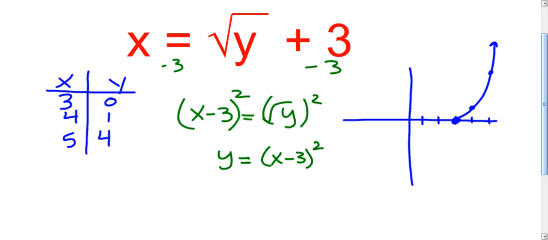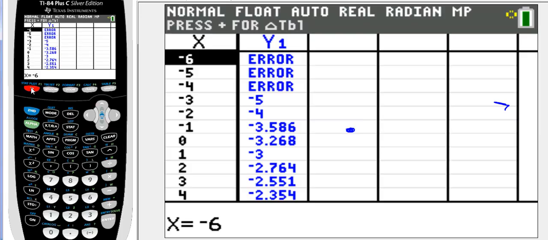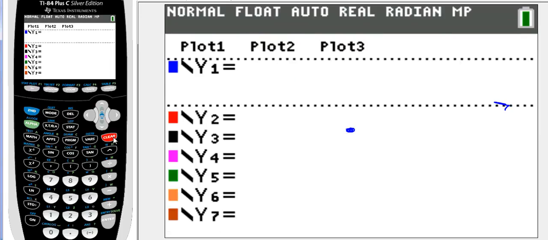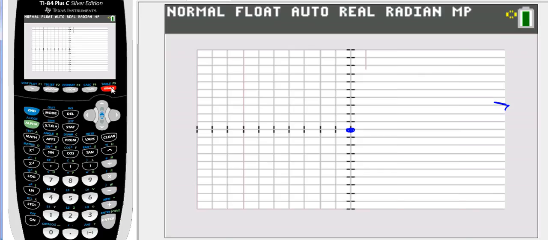And then what happens is when you put that into your calculator and you graph it, in fact, I'll show you this really quick. All right, I have x minus 3, which I'm going to square. And I'll graph this.